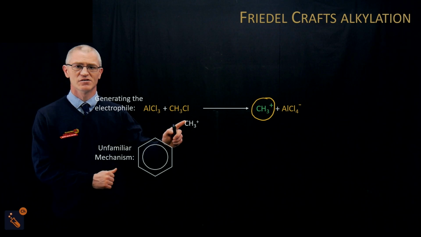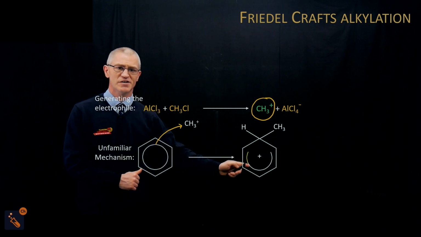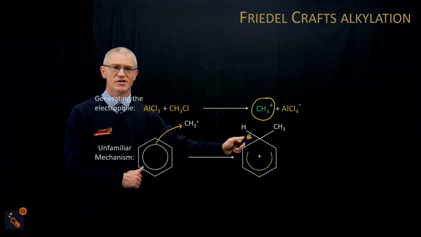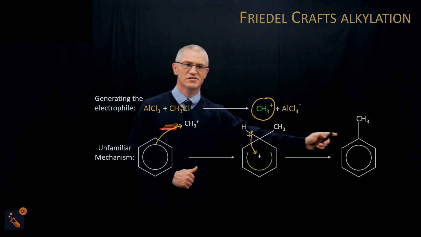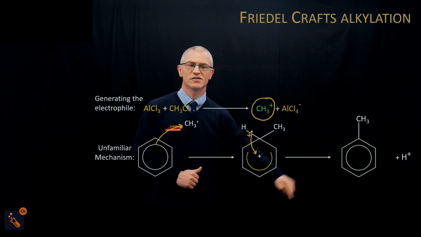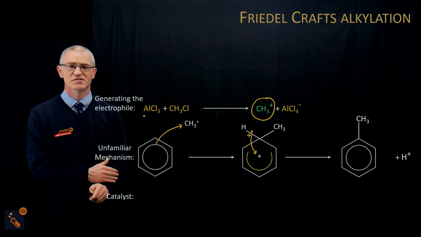So here we have our electrophile. Let's take the electrons out again. We then make our smiley face. Then take our electrons again, put it back in. Then we create our substituted benzene, this time with a methyl, and our H+ again. We then regenerate.